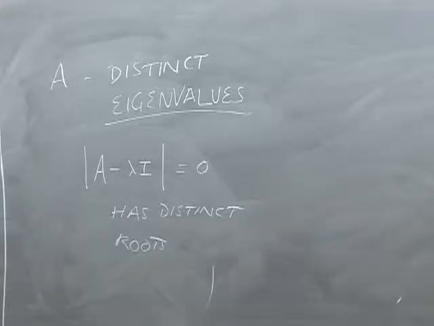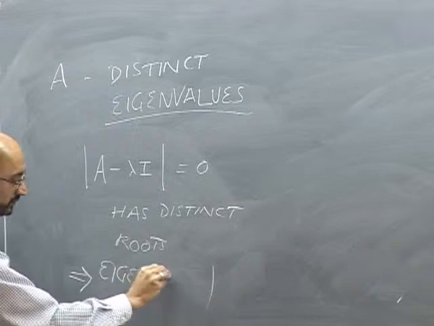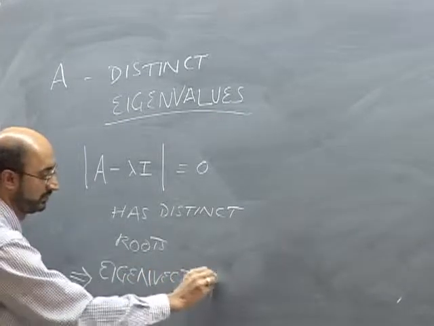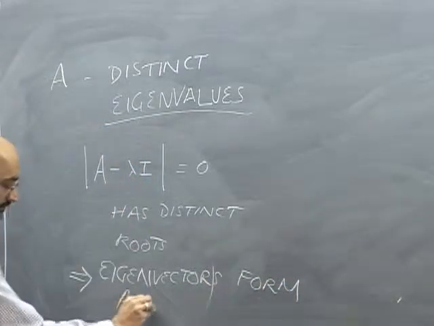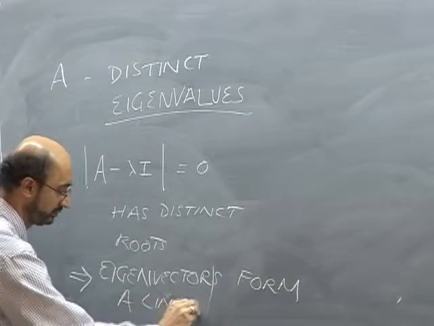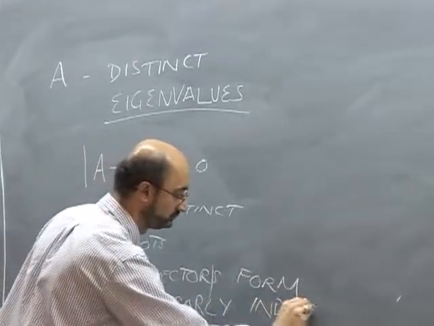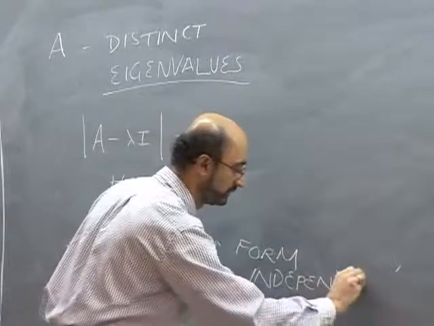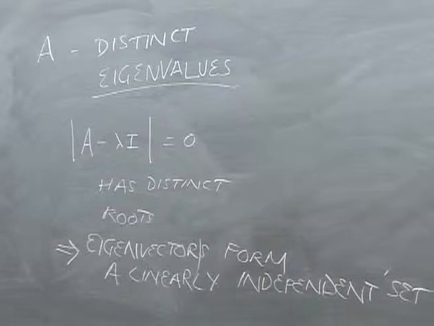Life is really good because the corresponding eigenvectors for these eigenvalues are going to form a linearly independent set. So this is a very important fact.